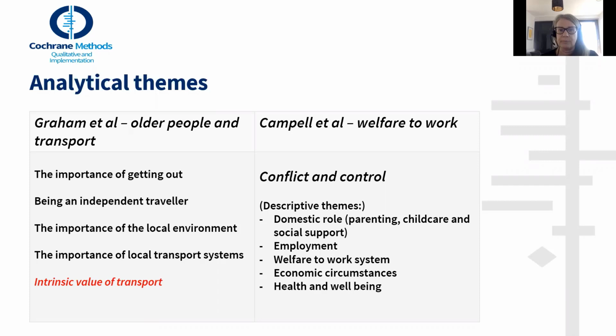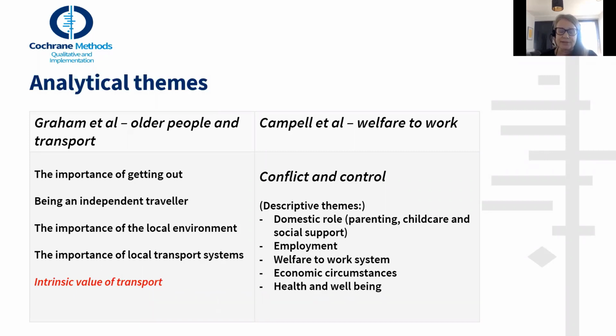The welfare to work policies dictated that they needed to have childcare in place, which essentially took away their control. In terms of the welfare to work system itself, often they would have very restricted choices of training, which might conflict with their own priorities and preferences.